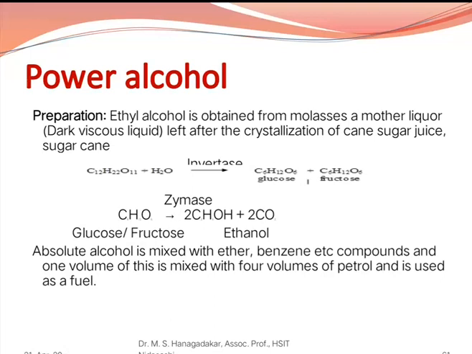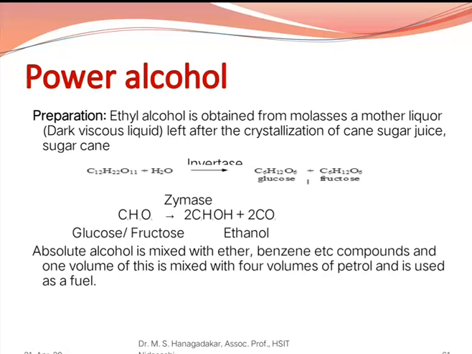The addition of alcohol to petrol is done using some organic solvents like ether, benzene, carbon tetrachloride, etc. It is observed that 1 volume of alcohol mixed with 4 volumes of petrol is used as fuel.